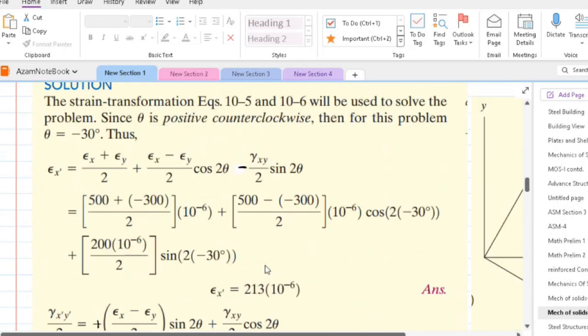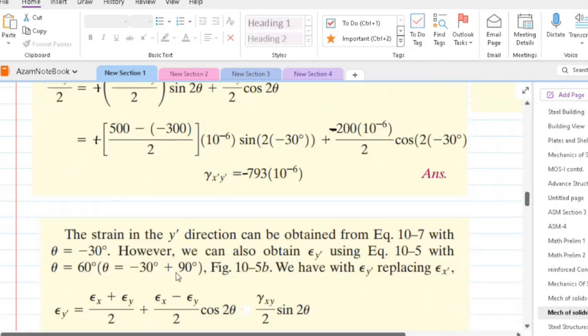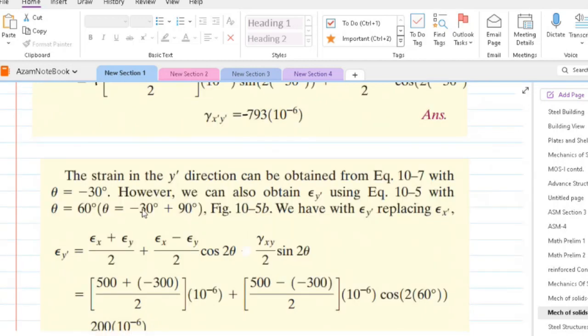In order to get another strain which is orthogonal to this strain, we can add 90° to our required orientation, which is minus 30°. Thus, 90 minus 30 will become 60°.